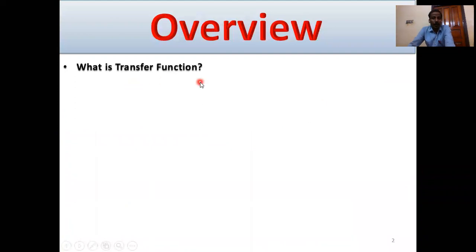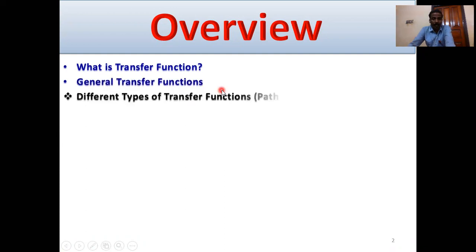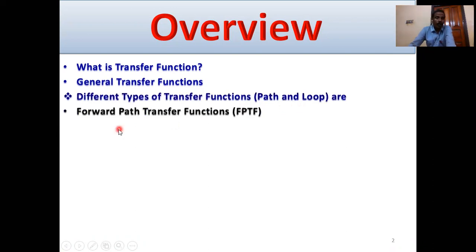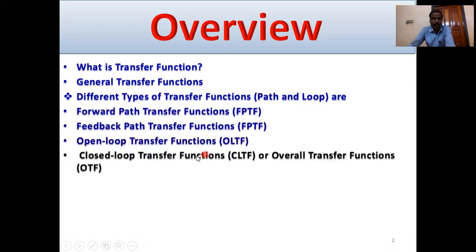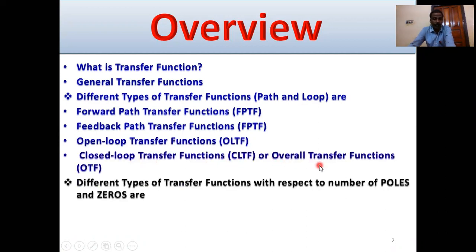What is transfer function? Then general transfer function, and different types of transfer function with respect to paths and loops. Number one, forward path transfer function, feedback path transfer function, open loop transfer function, closed loop transfer function, or overall transfer function.